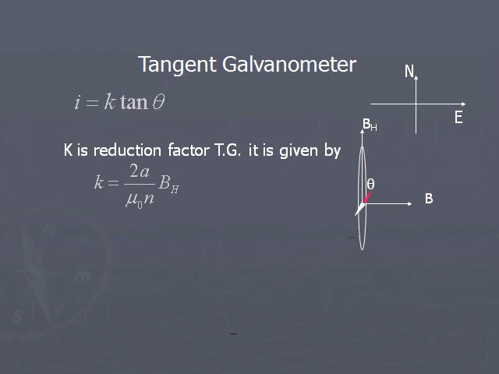So, using a tangent galvanometer, we can determine the current from the relation i is equal to K tan theta, where K is a constant. This constant depends on BH, a, the radius of the coil, and N, the number of turns of the coil.